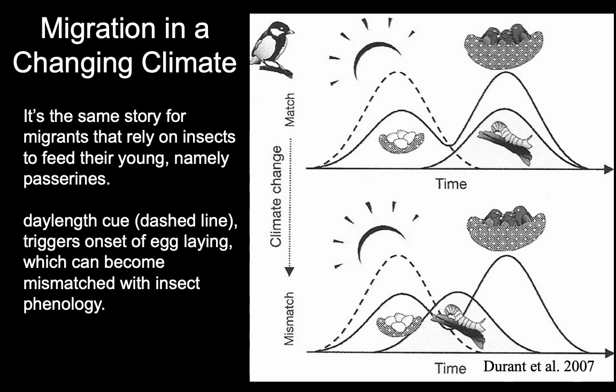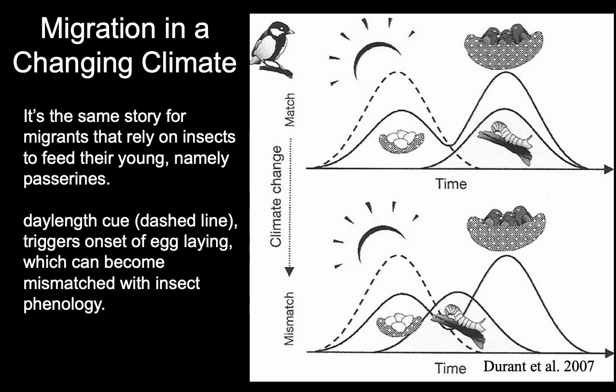And so the day length cue triggers the onset of egg laying and migration for our bird, which evolved to coincide with the production of, as pictured here, caterpillars, which is a great food source for many passerines. They're feeding their nestlings primarily caterpillars for many species.